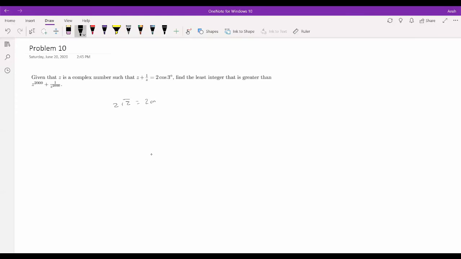And so let's say that z is equal to cis theta for some theta. Or actually it should be in the form of r cis theta since we don't know its magnitude. Well, that means that the conjugate of z would just be r cis negative theta.